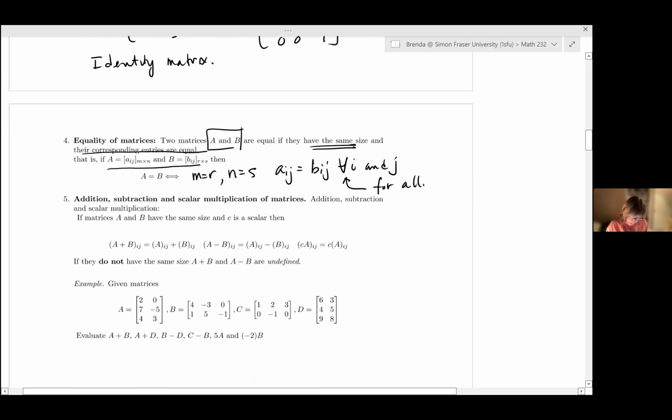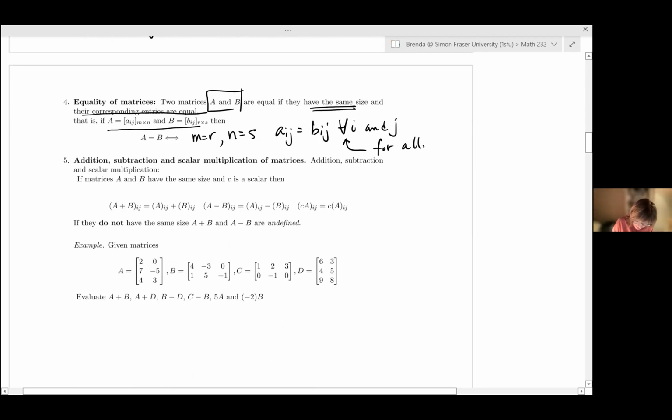Okay, now what we're going to do first is learn how to add, subtract, and do scalar multiplication for these. This is very similar to what we did with vectors. That's the first thing we did, learn how to add and subtract them, and then learn how to do scalar multiplication.